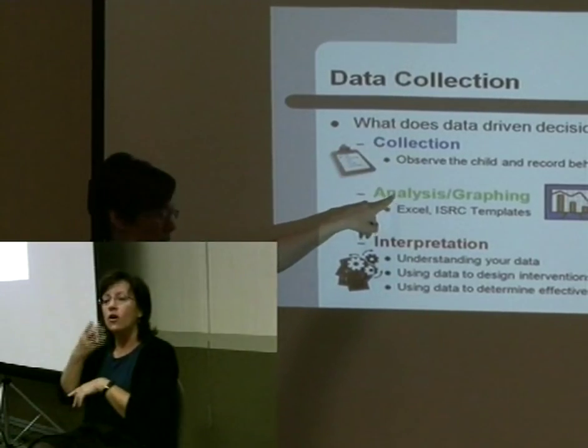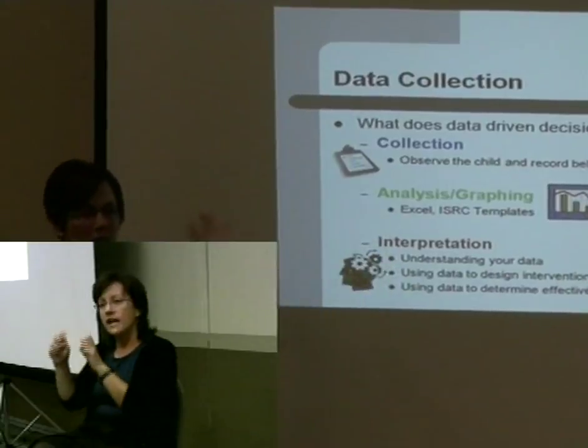The green will be analysis and graphing, and all of the red will be interpretation. But of course, on your black and white slides, that's not something you're going to have access to, thus the little icons, so when you go back, if you're looking for a particular section, you can jump right to that section.